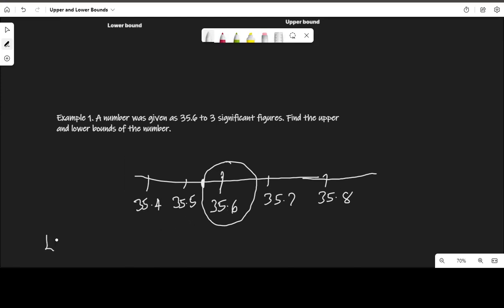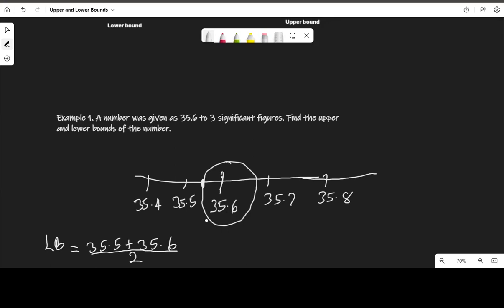So lower bound, let me call it LB, will be 35.5 plus 35.6 divided by 2. Let's use the calculator. 35.5 plus 35.6 divided by 2.